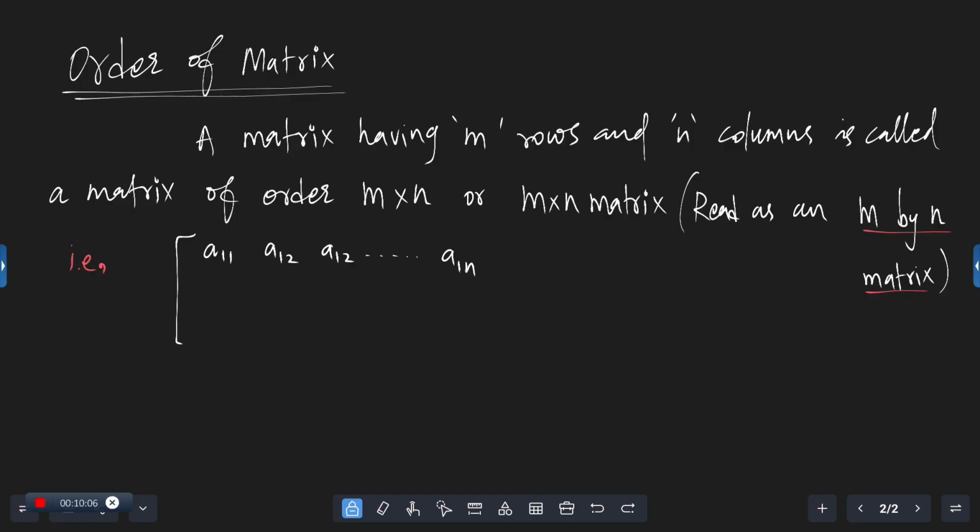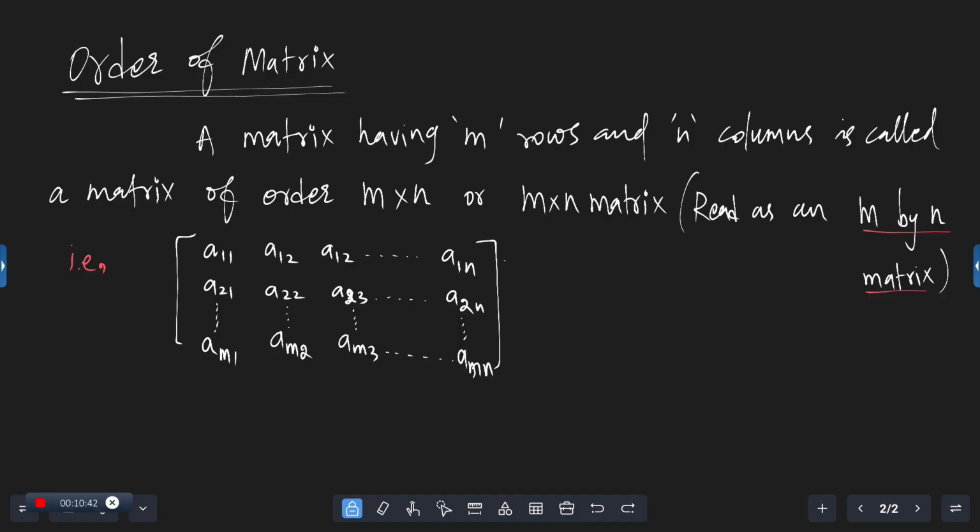Like that A21, A22, A23, going to A2n. In the same manner it comes down. Last row, mth row, first column, mth row, second column, mth row, third column, and mth row, nth column. This is the meaning.